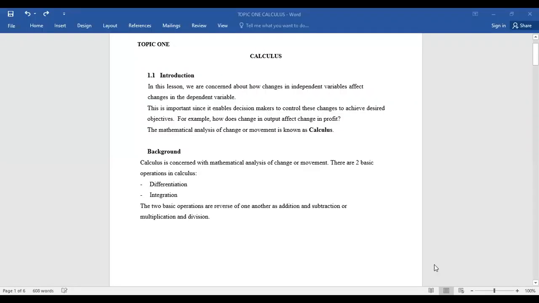So I want to introduce calculus. And I've said calculus is concerned with the mathematical analysis of change and movement. And there are two operations that are involved. We have differentiation and we have integration.